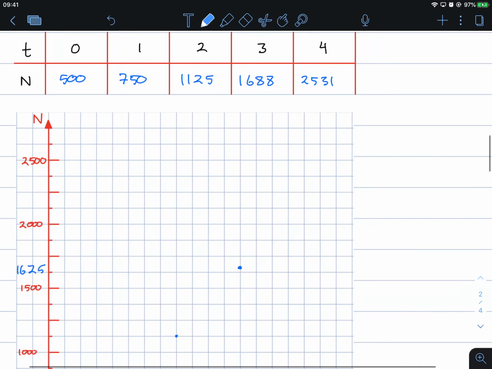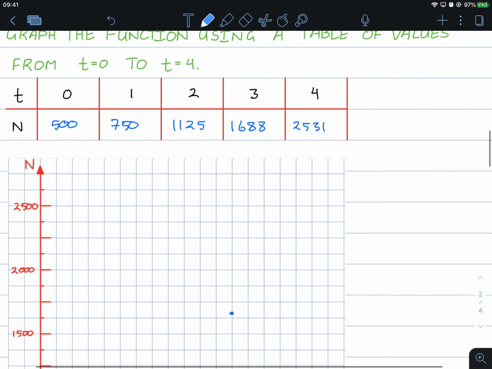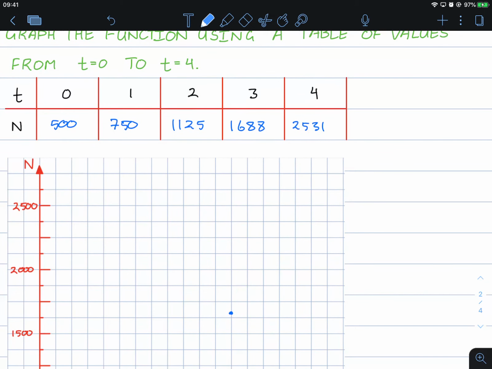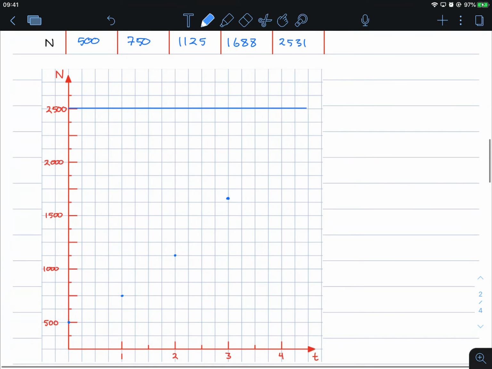And lastly, 4, 2531. This is 2500, slightly above this one here. Joining the dots.